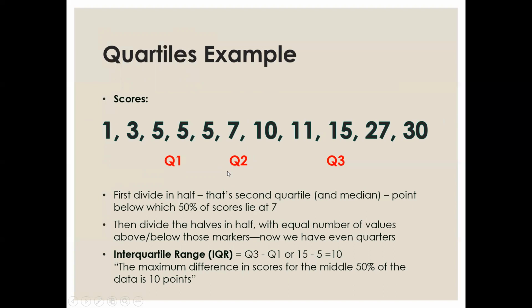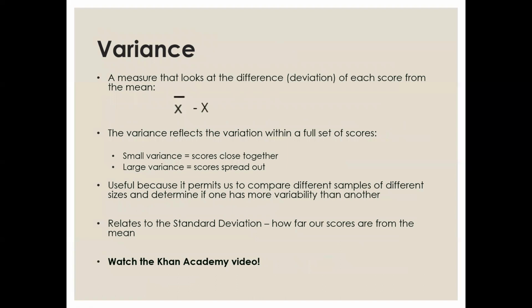That will divide the quartiles in half. When you divide them in half, you get the second quartile. When you divide each half again, you get the first and the third. So you can see where your score would fall in which quartile, right? And they're good for organizing your data.